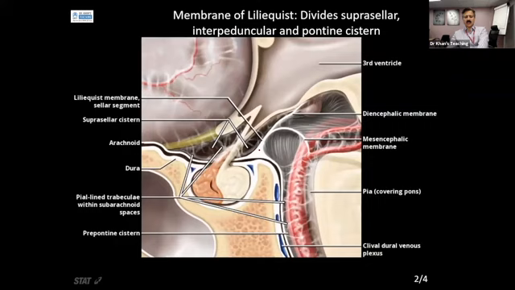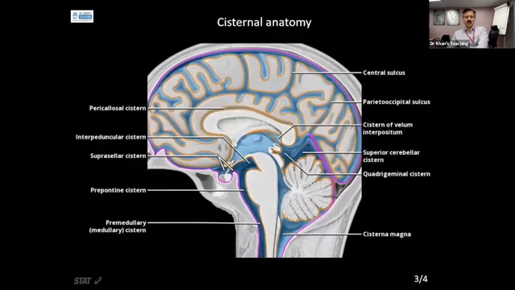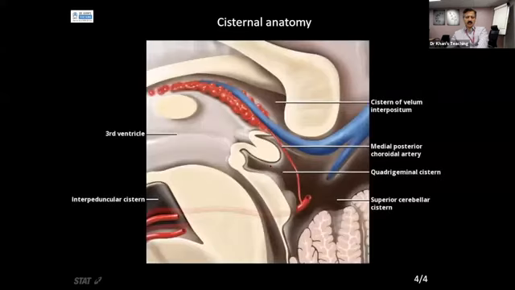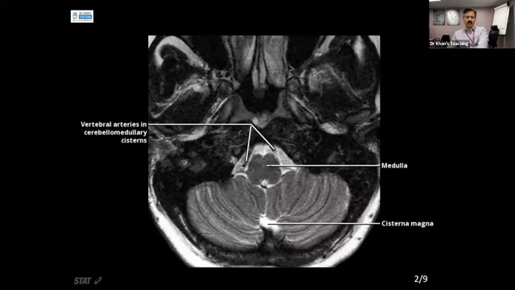But within the CSF spaces, there are double layers of arachnoid, known as the Liljequist membrane of the sellar segment, and it divides the suprasellar cistern and the interpeduncular cistern. Radiologically speaking, you don't have to remember that. So these are the same cisterns which we have already learned. And this is again the same thing which we have already learned.